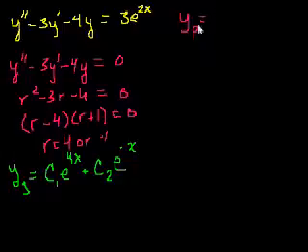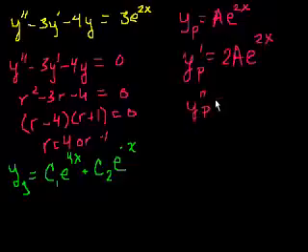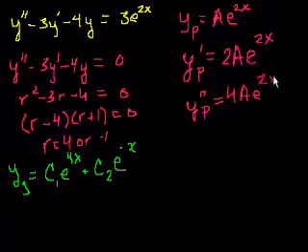So let's say the one I pick is some constant a times e to the 2x. If that's my guess, then the derivative of that is equal to 2a e to the 2x. And the second derivative of my particular solution is equal to 4a e to the 2x.